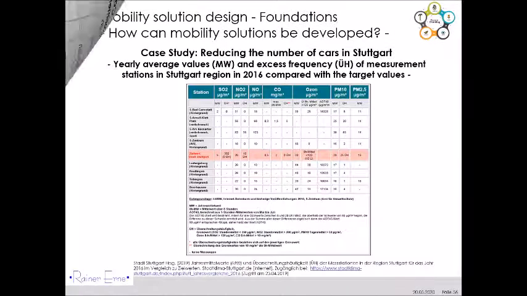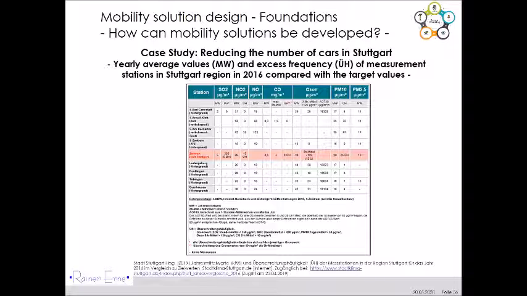And this leads, first of all, to emission problems. They have a great deal with particulate matter in Stuttgart. But there are also other kinds of greenhouse gases where the thresholds are very often exceeded, so that they get repeatedly the task from the EU Commission to reduce the emission rate.